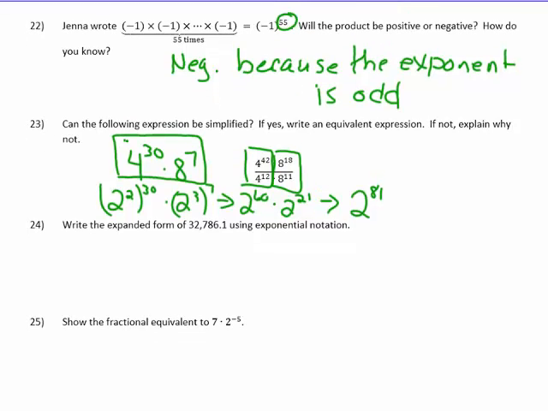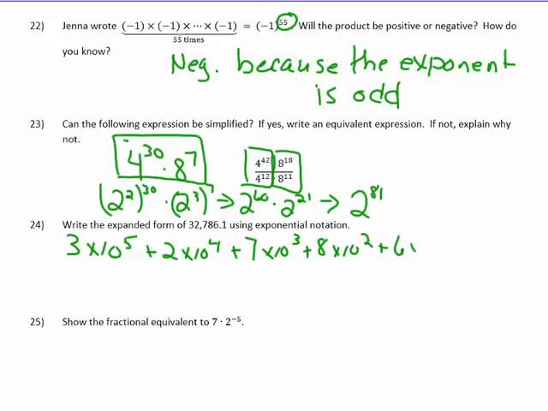So write the expanded form. So this is where we're counting decimal places. So this is 3 times 10 to the 5th place, plus 2 times 10 to the 4th, because it's 4 places over, 7 times 10 to the 3rd, 8 times 10 to the 2nd, 6, I screwed that up. Sorry, I'm off by 1.